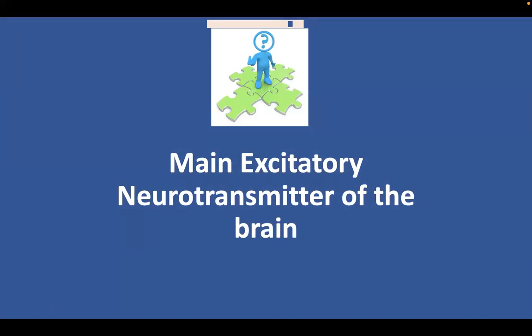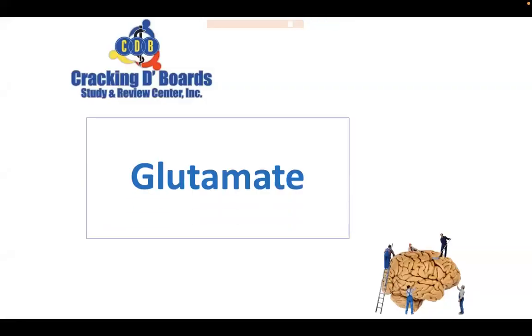Now, the main excitatory neurotransmitter of the brain, this is glutamate.